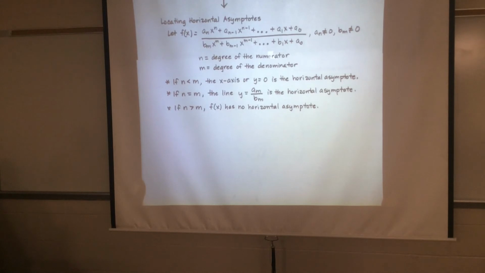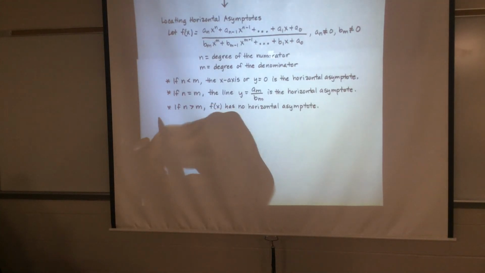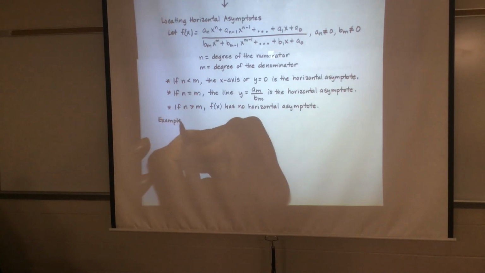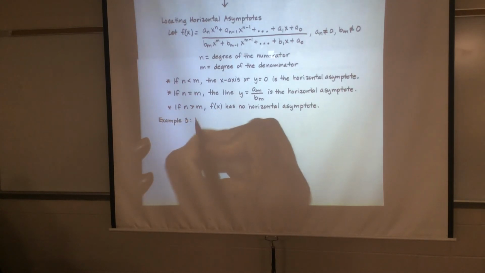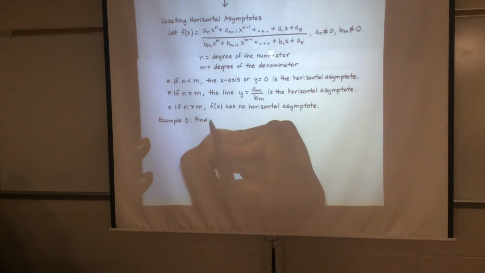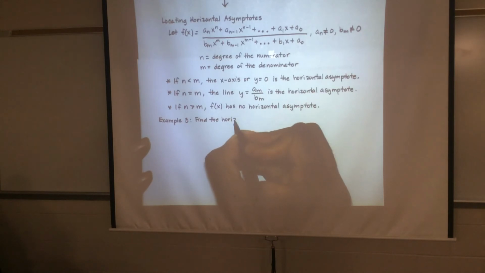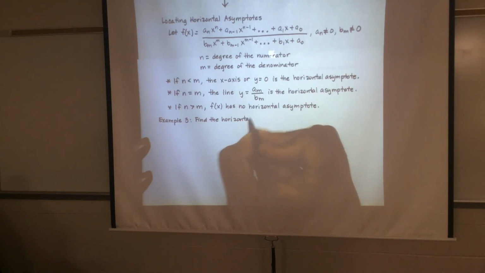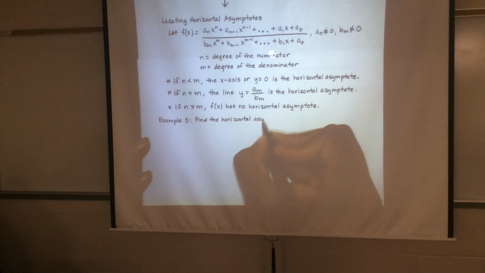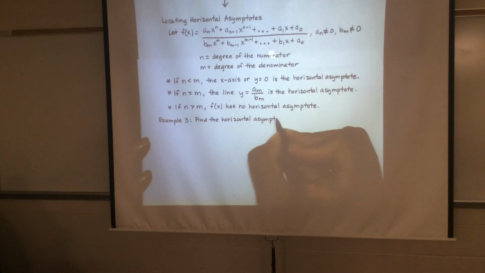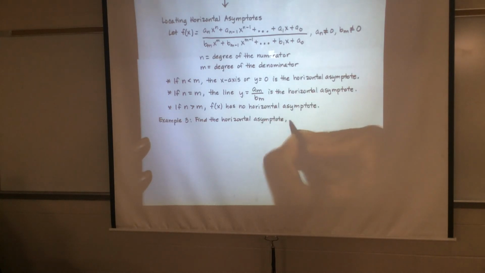Okay, so for now, let's look at a few examples in example 3. Here we're going to find the horizontal asymptote, if any.